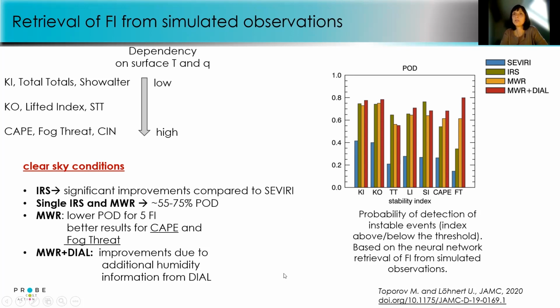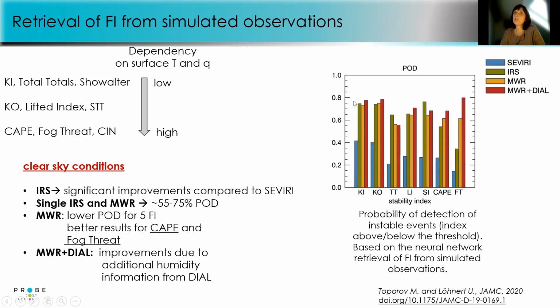And as we can see, I will focus on infrared sounder and microwave radiometer, shown with green and yellow bars. As we can see, single IRS and microwave radiometer provide quite high probability of detection of 0.75.